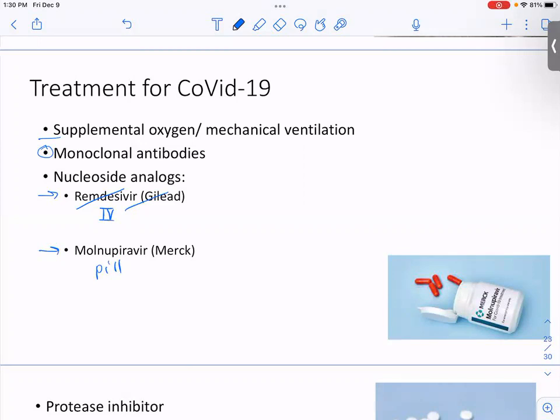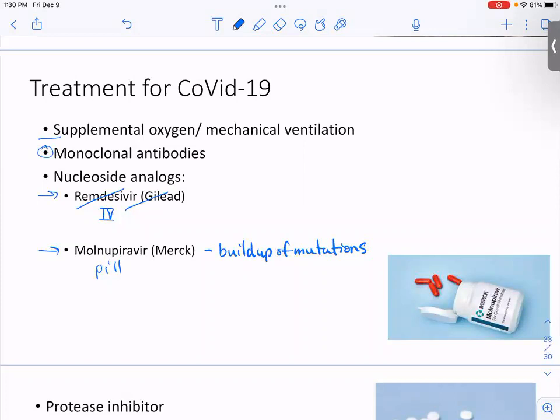This is actually not a chain termination analog. It works by, we'll just say, the buildup of mutations, because the nucleoside analog will incorporate into the long chain of DNA or RNA, but then when the RNA is transcribed or replicated, it makes mistakes because it doesn't bind with the right complementary base.